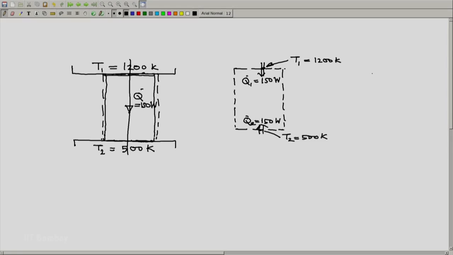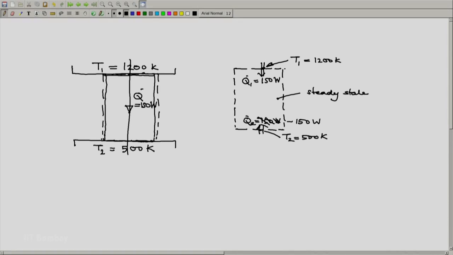We are given that the flow of heat is steady. That means 150 watt, actually this should be minus 150 watt, it is going out of the system. Okay. So it is given that the flow of heat is steady, and because of that the conductor is in steady state.